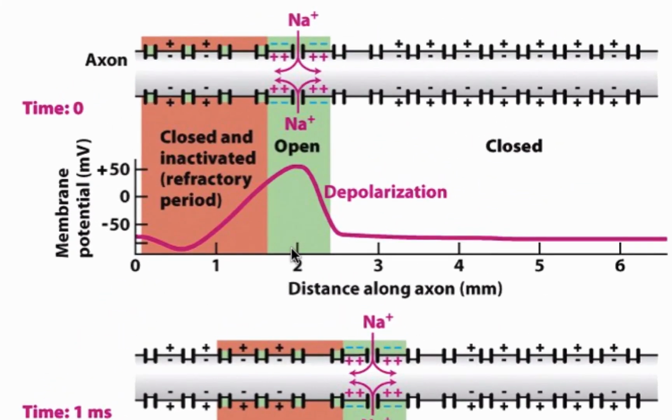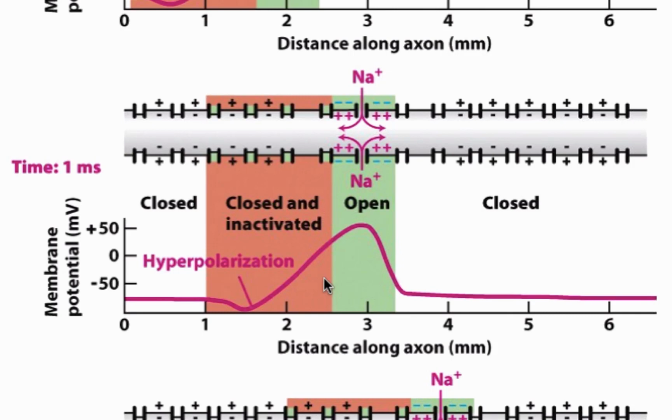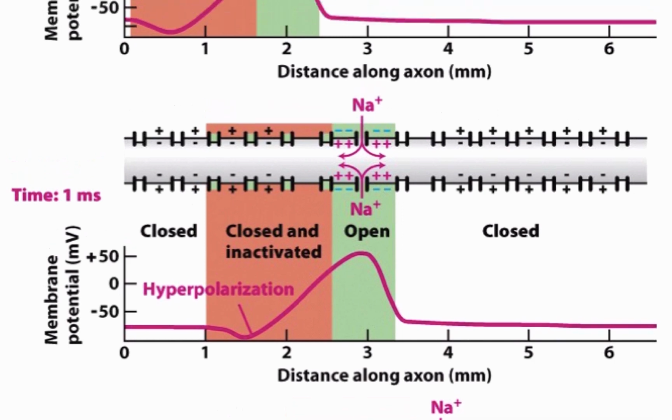So what you can appreciate from here, for example, at position 2 millimeters, you have the voltage-gated sodium channels which are open, and therefore allowing sodium ions to come inside. They're going to induce a depolarization to the right, therefore allowing the channels at position 3 millimeters to open up, and also allow sodium ions to come inside.